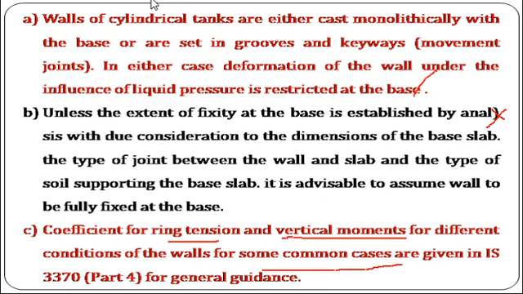Again, these coefficients for ring tension, vertical moments and so on are called the IS code method of analysis for the water tank. All these coefficients are given in IS 3370 Part 4, so that it is much easier to design the tank by getting the values directly from these code tables.